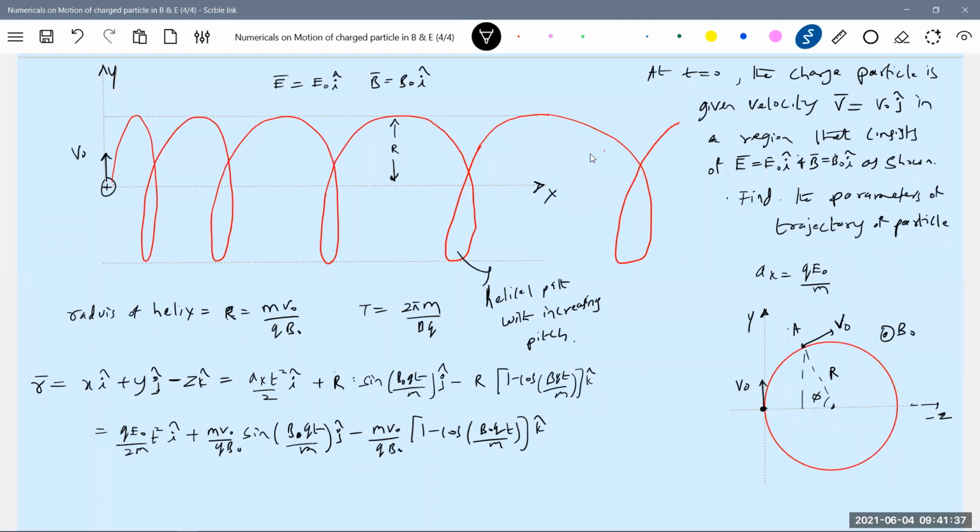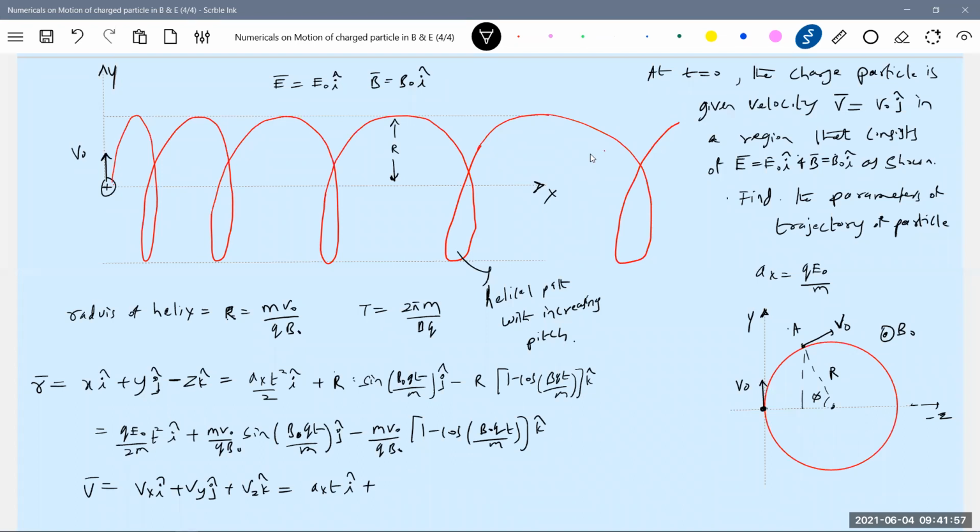Similarly, I want the velocity vector. What about the velocity vector? Velocity along x-axis should be equal to ax into t.